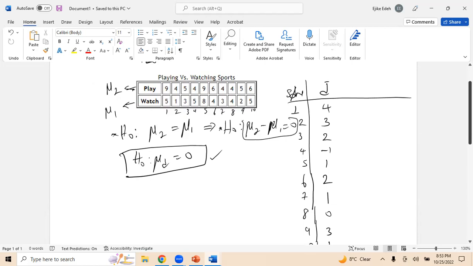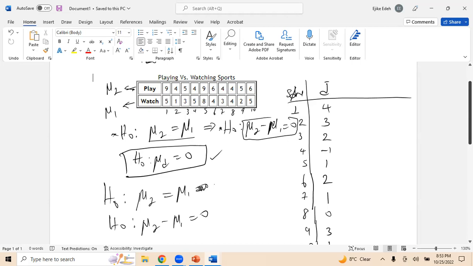And maybe I should just write it all over again to make that clear. So the null hypothesis is saying that the mean for play and the mean for watching are equal to each other, okay? If they are equal to each other, it means if you subtract them, you get 0. It means if you do mu2 minus mu1, you should get 0, okay?